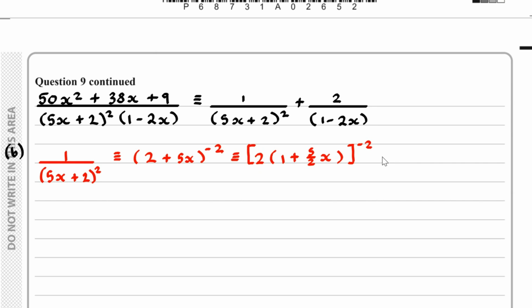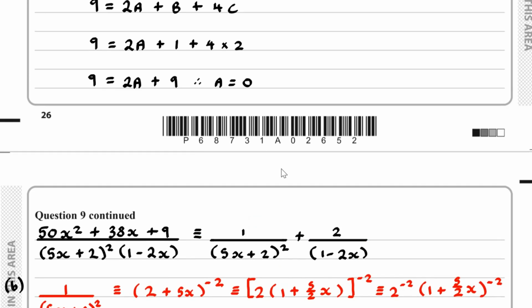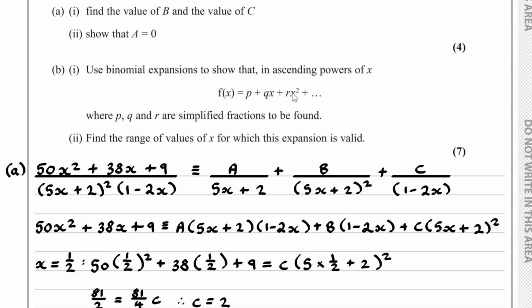So we have 2 to the power of minus 2, lots of 1 plus 5 over 2x to the minus 2, which is what we need to work out. So using our expansion, we've got 2 to the power of minus 2. Now if we pay attention to the question, we're going up to x squared.